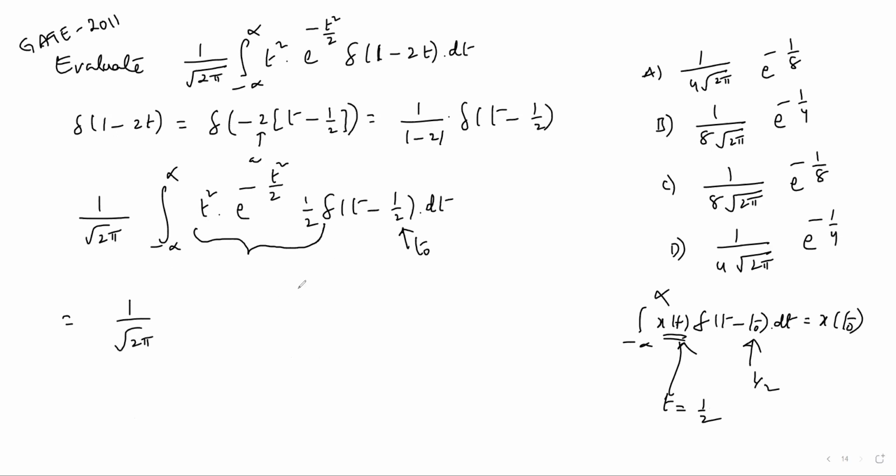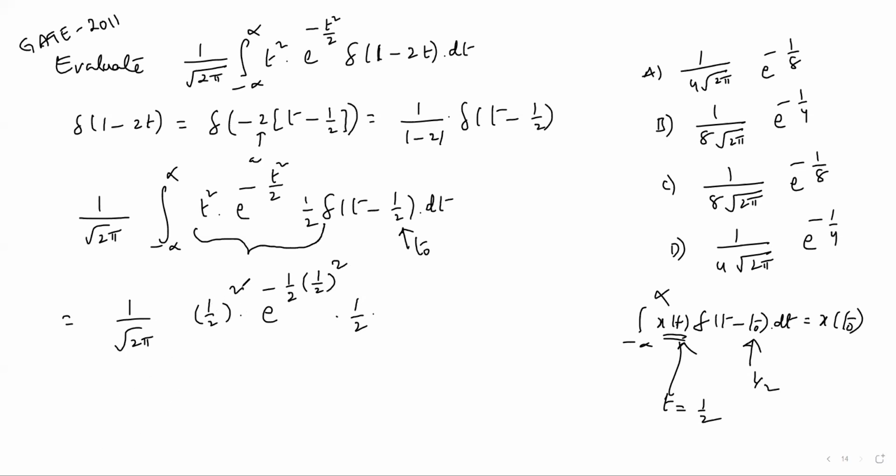This is all from the shifting property. You can write it as t replaced with 1 by 2. So 1 by 2 whole square, e to the power of minus 1 by 2 into 1 by 2 whole square, and 1 by 2 is here already.